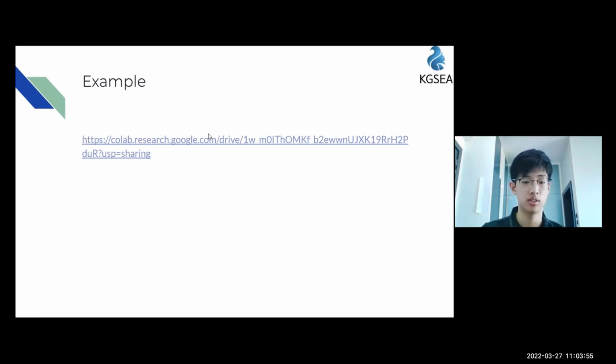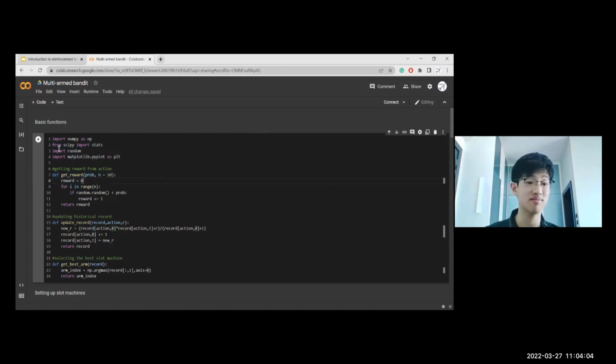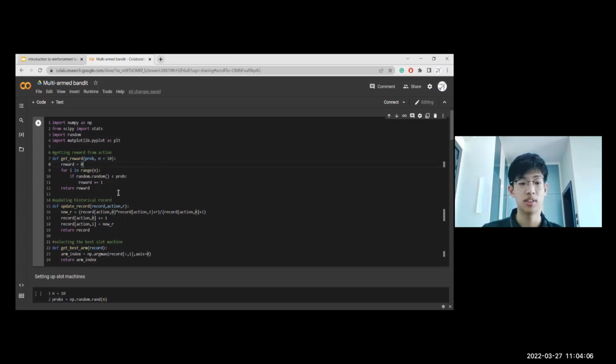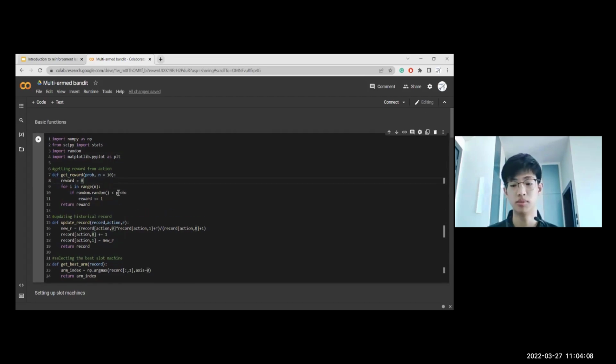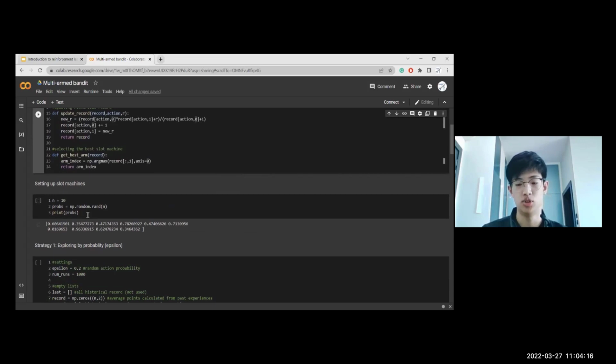Okay, so here's the one I did from like a year ago, which I revised yesterday night. Here are the basic functions. I'm not going to be explaining them. You can stop the video possibly and just look through them. It's not too complicated. And here I set up the slot machines.